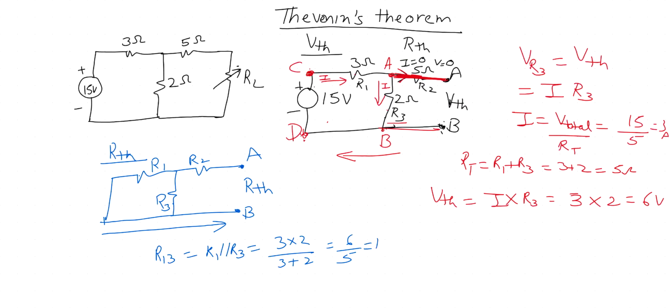Now you solve this portion, the parallel combination. The resultant, if you redraw the circuit, will look like this: this is your R13 and this represents your R2. Let me use a different color so that it's not confusing.